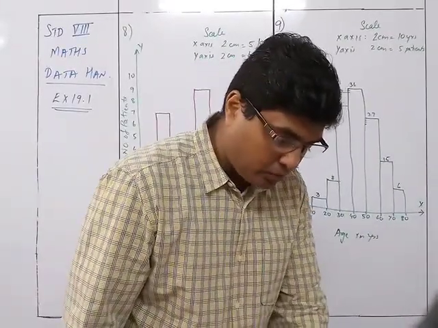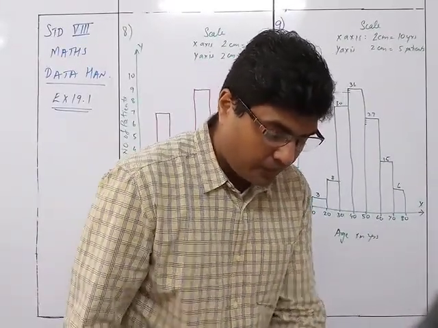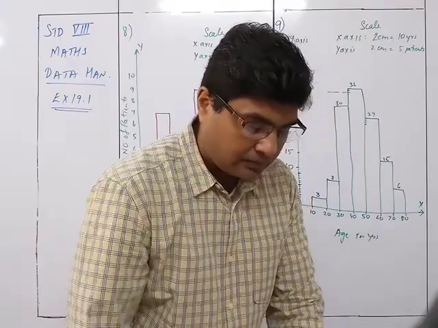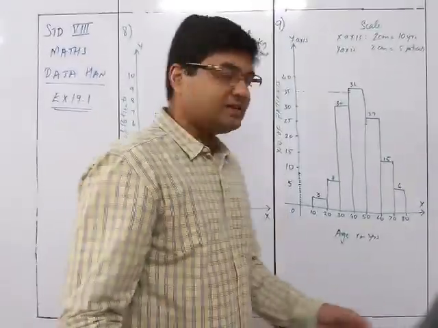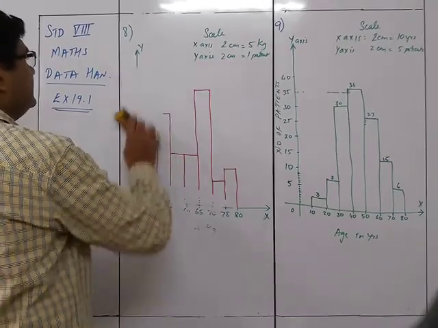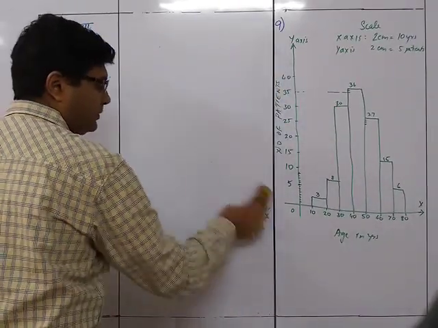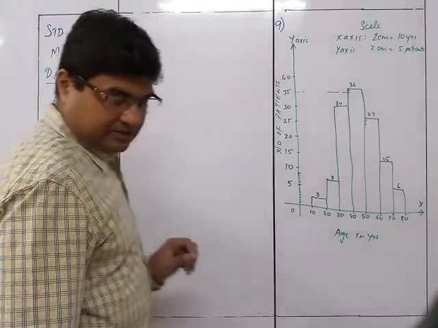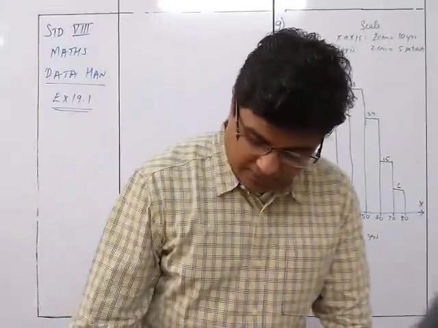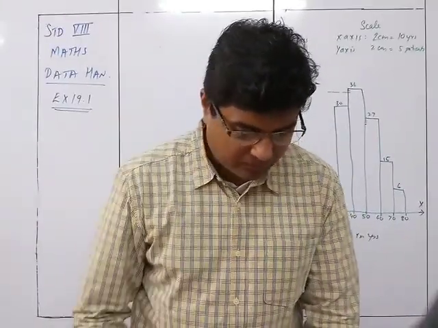Now we move on to question number 10, which is a graph already given to you. We are just answering the question. So much easier, because we need to just interpret the graph given to you. So let's interpret the graph and answer the questions one by one.